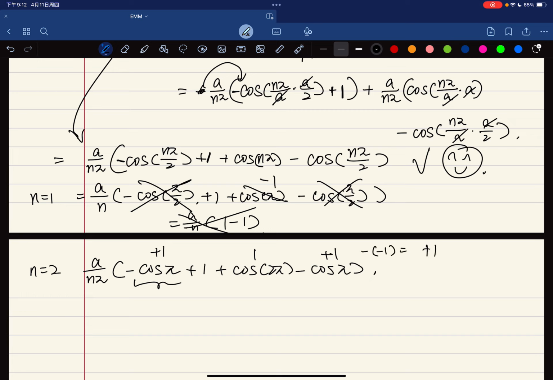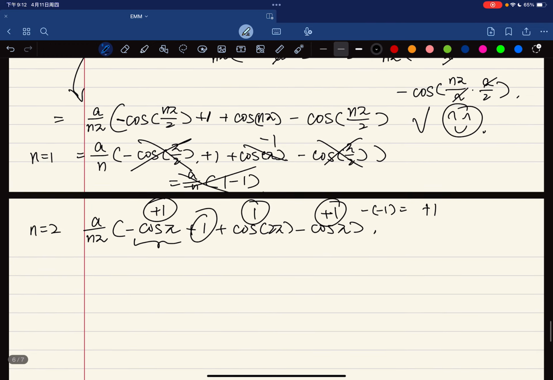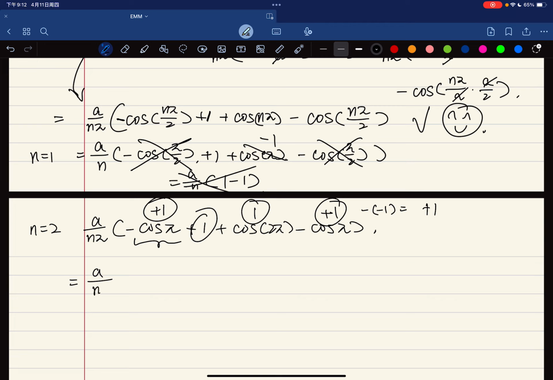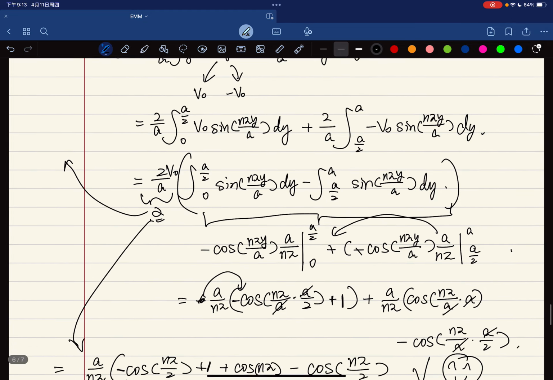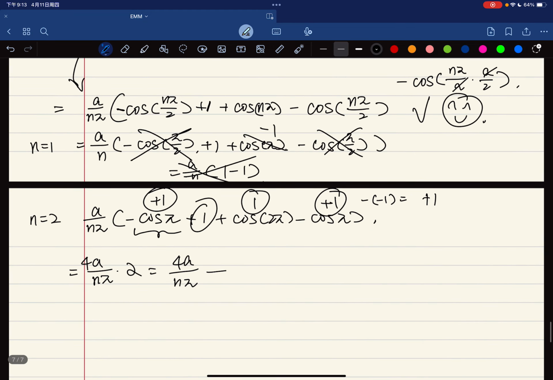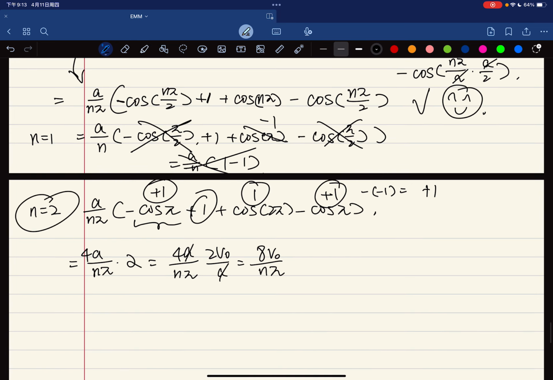Okay, so 1, 1, 1, 1, so equals 4, and times alpha. So 4 times m pi, and what is alpha? 2v naught divided by a. Okay, so a cancels, so 8v naught divided by m pi. This is when n equals 2, okay?